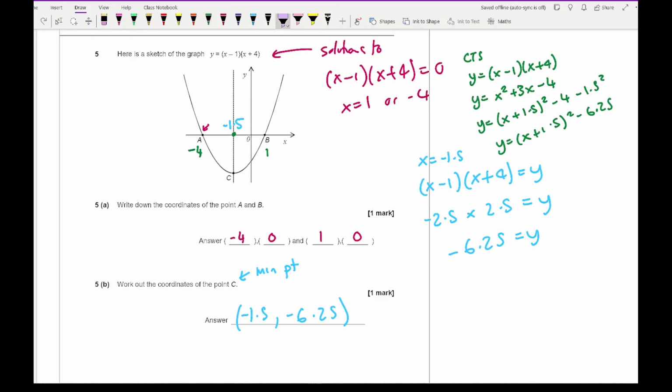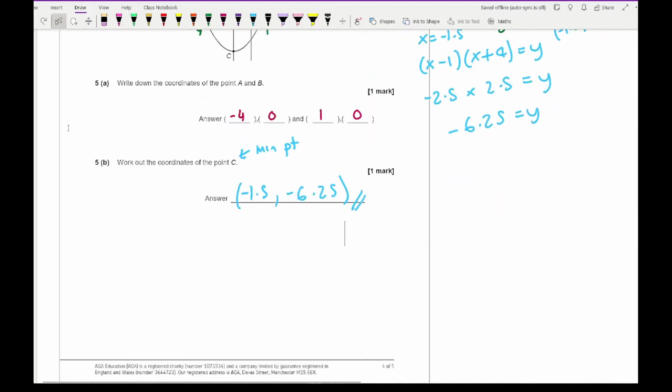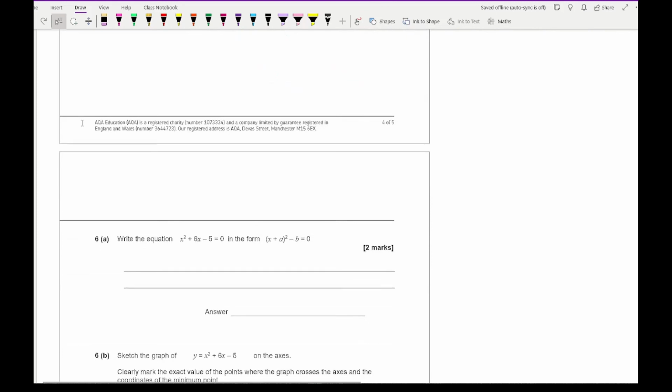So therefore my minimum point is at minus 1.5 and minus 6.25. There are two ways in which you could get the answer, and either of those would be absolutely fine to get the 1 mark. That's actually pretty stingy for 1 mark, I would say.